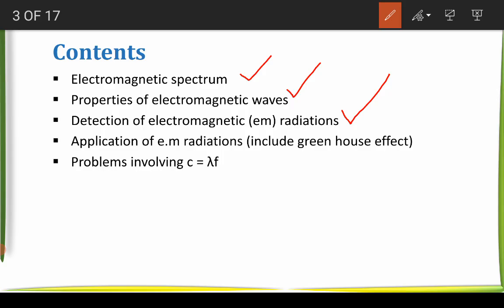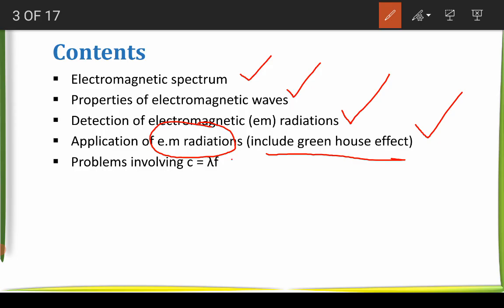Later on, we are going to look at the practical applications of electromagnetic waves. Electromagnetic, in short, is EM. E for electro, and M is magnetic. So EM radiations is the same as electromagnetic radiations. So we are going to look at their applications in everyday life, including what we call the greenhouse effect.